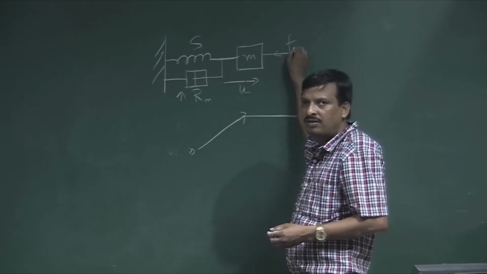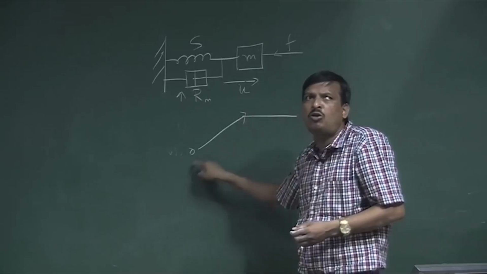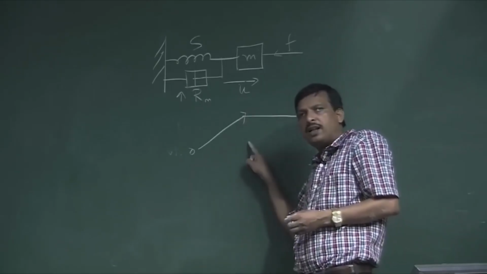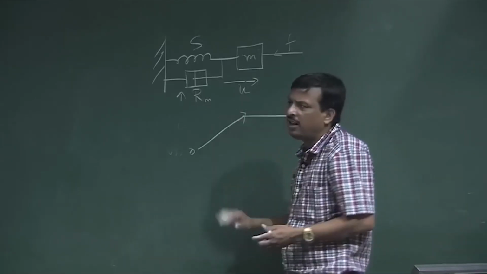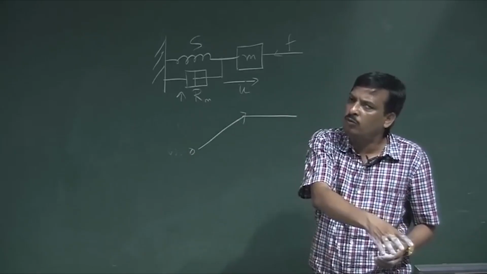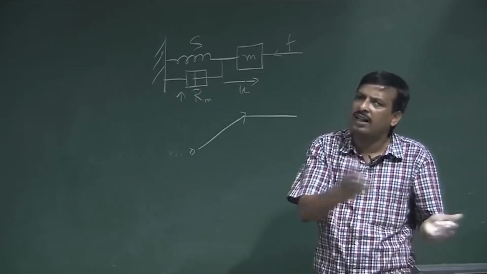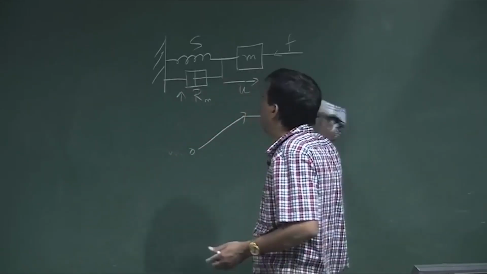That is what I want. So, forced oscillation has two solutions, one is called the transitory part, another is called the steady state part. Now, forget about the transitory part. The transitory part is the same solution which I get when the force is not there. Now, think about the steady state part, which is called forced oscillation.